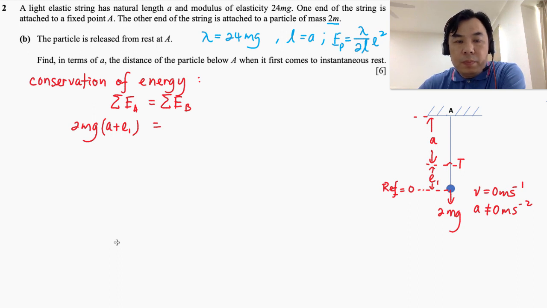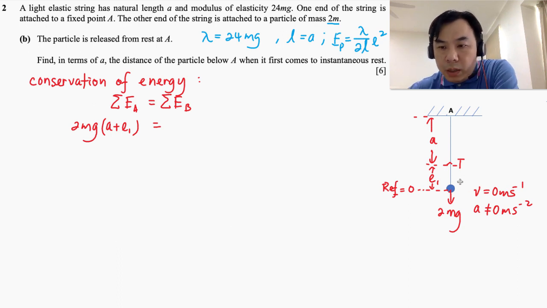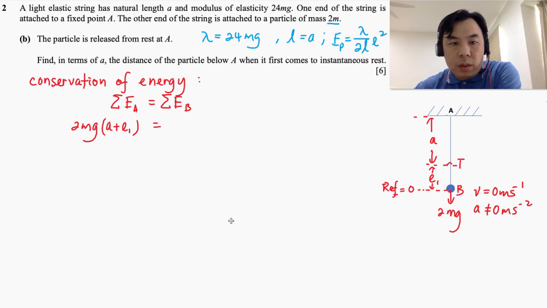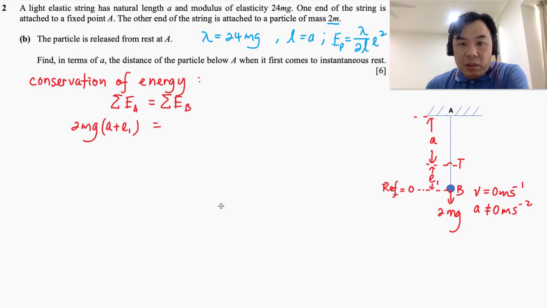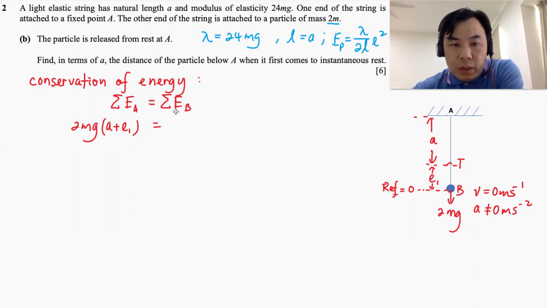And then at position B, this is position B here. There is no kinetic energy either because it is at instantaneous rest. Other than that, it would have gained elastic potential energy, which is given by this formula here.